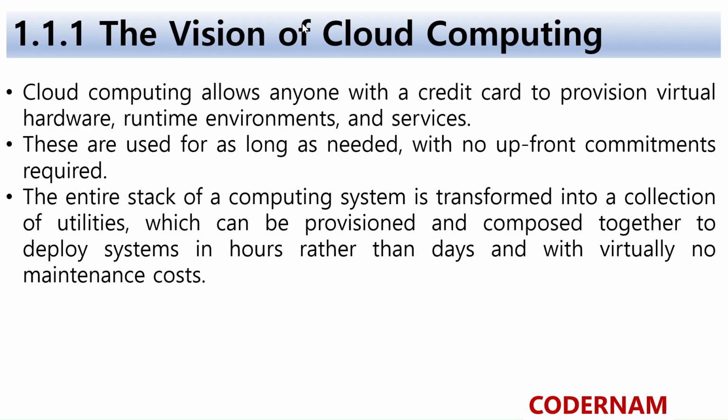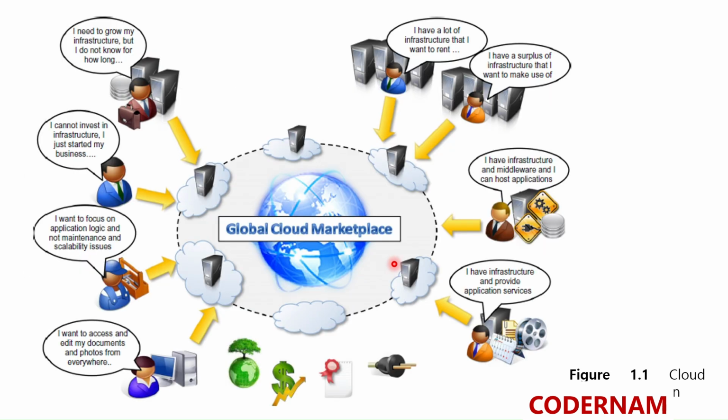The entire stack of a computing system is transformed into a collection of utilities, which can be provisioned and composed together to deploy systems in hours rather than days, and with virtually no maintenance cost.